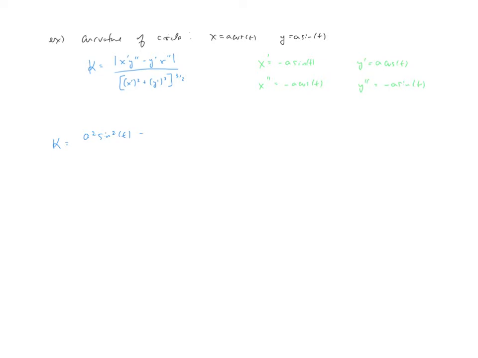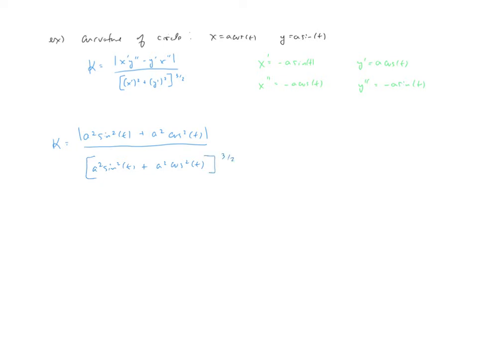So that's going to be a plus a squared cosine squared. And you can put the absolute value bars on there. And then down here, x prime squared would be a squared sine squared, and for y prime squared, that would be a squared cosine squared. And then that's going to be raised to the 3/2 power.